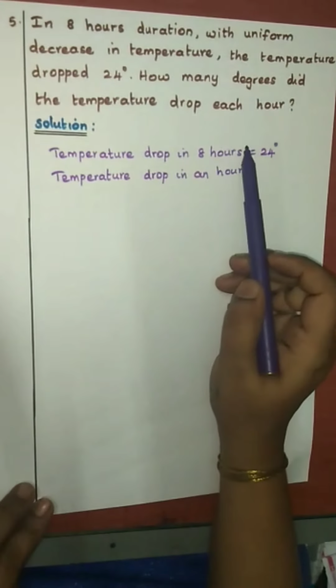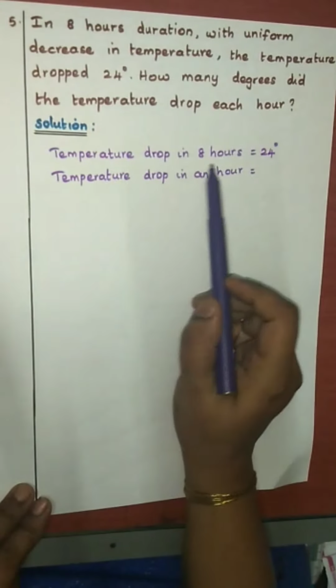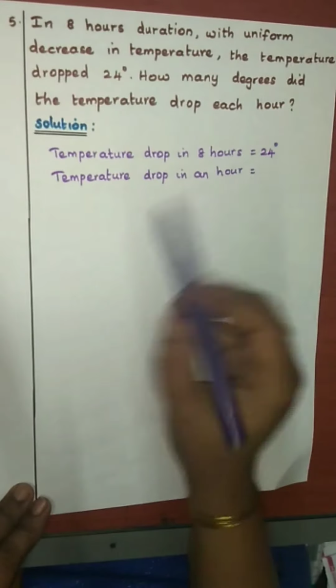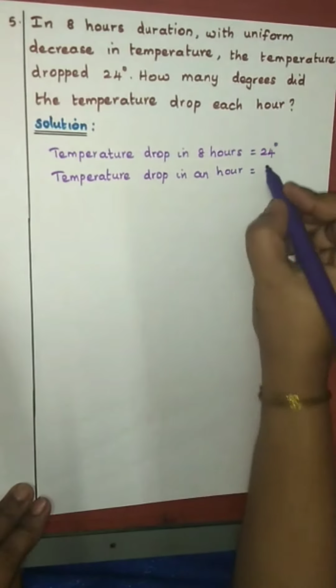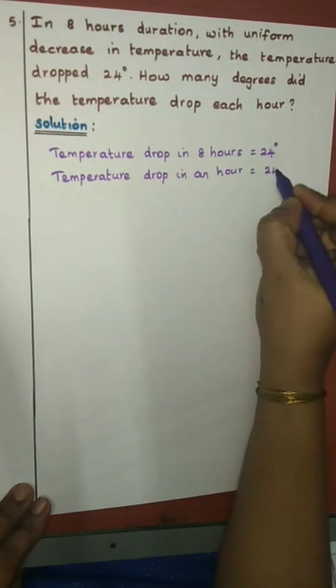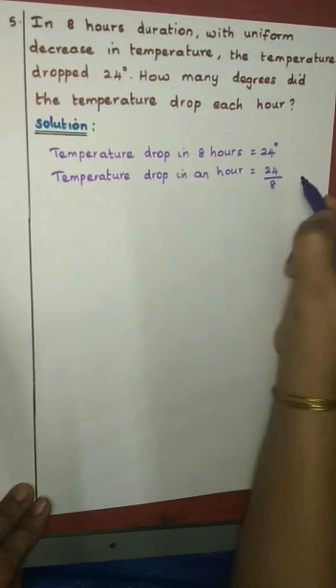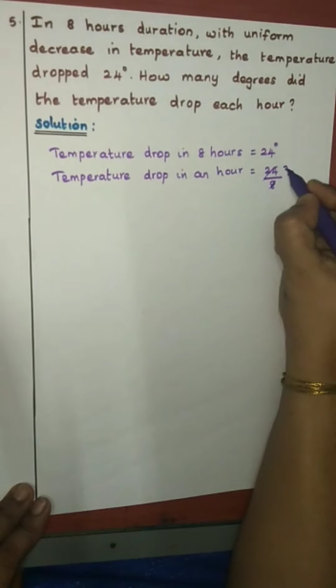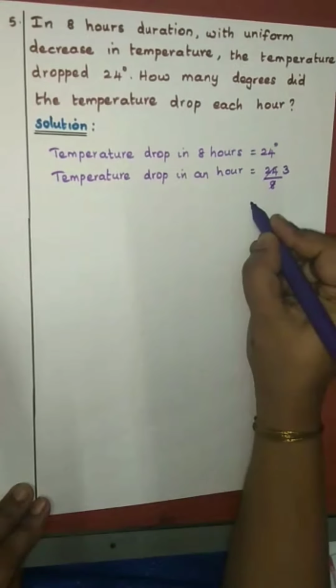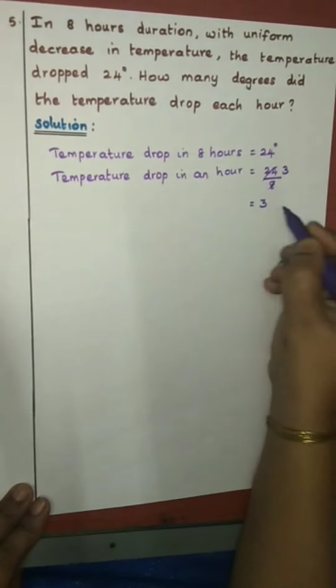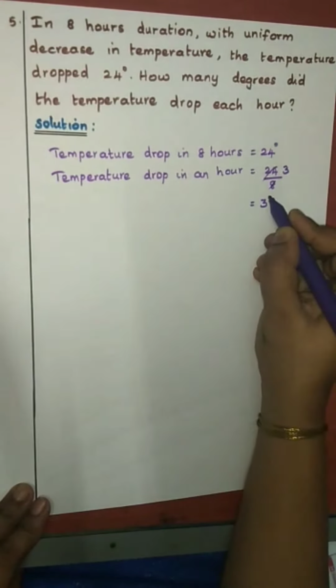We have to divide. So temperature drop in 8 hours equal to 24 degree. Temperature drop in an hour is equal to 24 divided by 8. So how many times 8 goes in 24? 3 times. So the answer is 3 degree. Answer, temperature dropped 3 degree per hour.